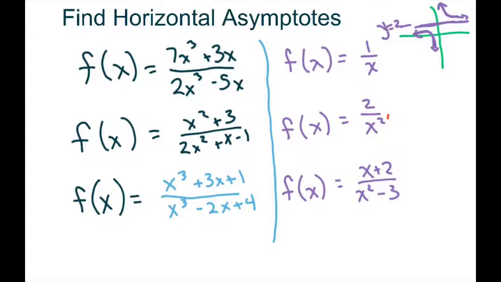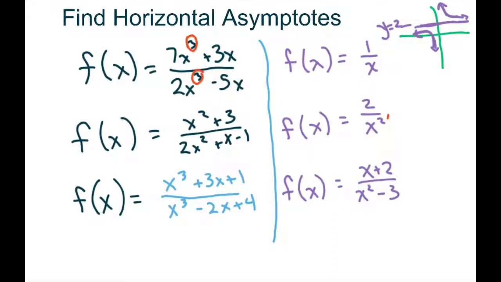For horizontal asymptotes, if the degrees in the numerator, and the degree means, the polynomial means the biggest exponent. So the biggest exponent in the numerator is 3, and the biggest exponent in the denominator is the same.